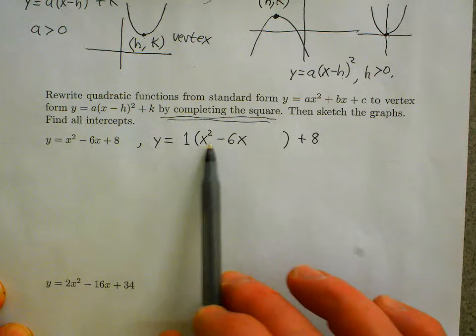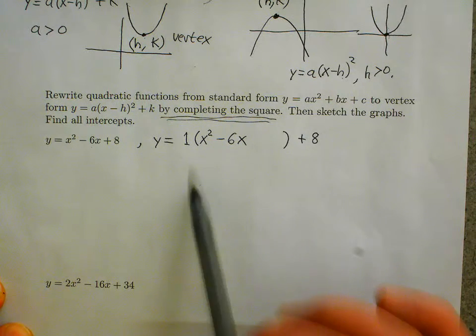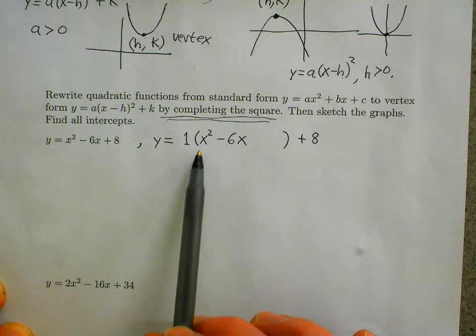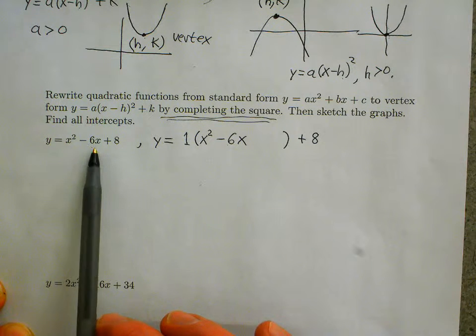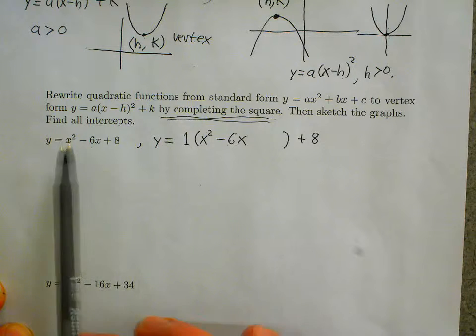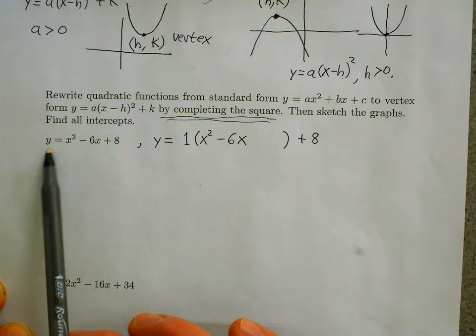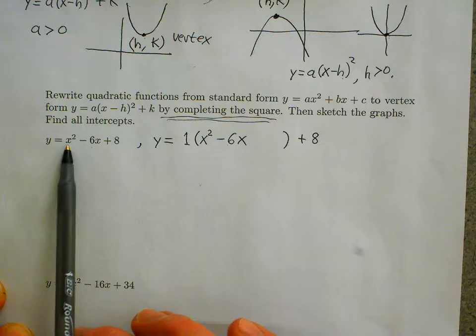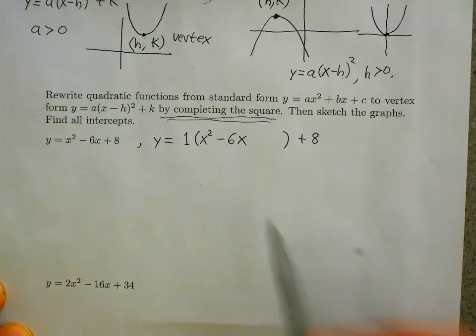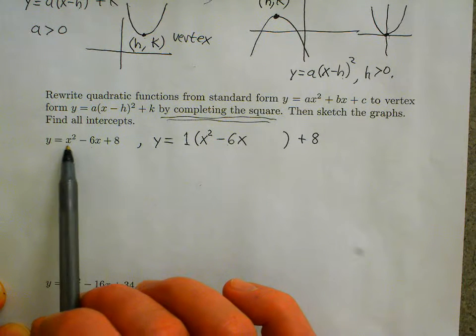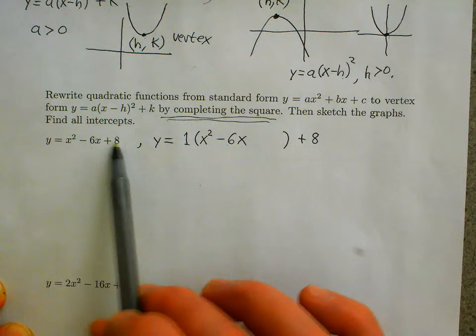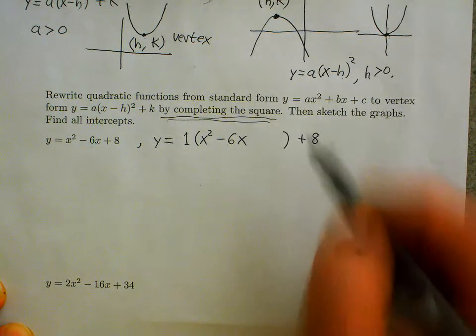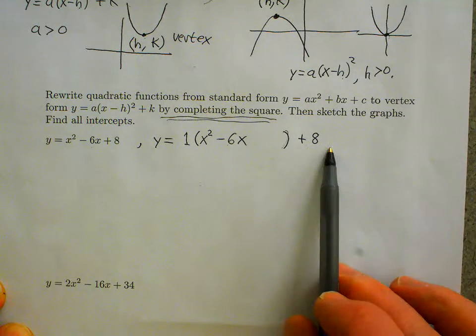Factoring 1 out doesn't change anything, but I want you to get used to factoring the coefficient of x squared out of the x squared term and the x term, because we're not always going to have quadratic functions with a leading coefficient that's equal to 1. So factor 1 out of the x squared term and the minus 6x term, but leave the constant plus 8 outside of the parentheses.